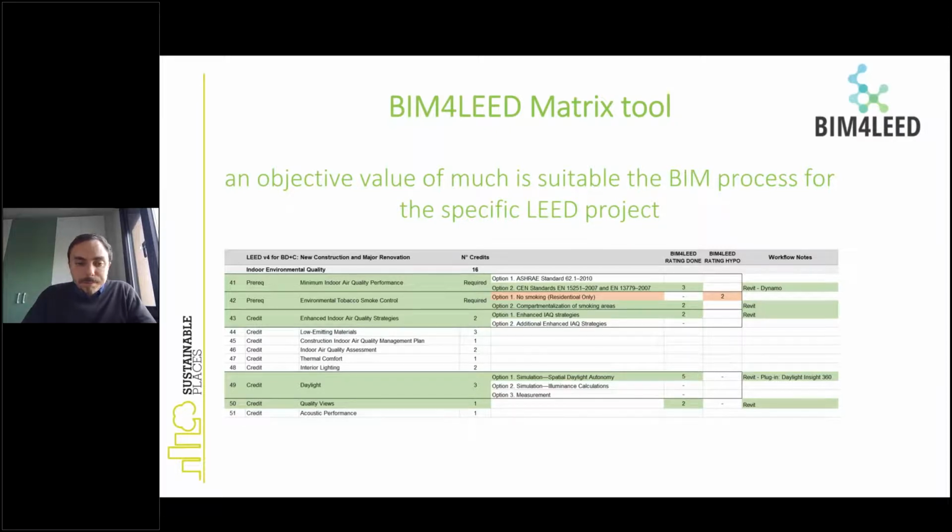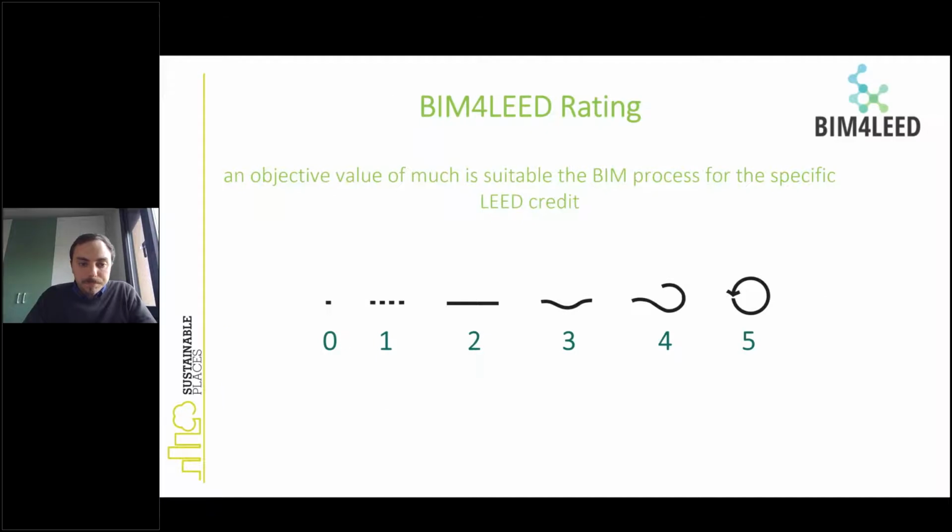In this way, we can communicate to the LEED AP how difficult it is to reach a specific credit in a BIM process, if it is easy or if it is difficult, so the LEED AP can understand and decide which LEED credit is better to reach in a BIM process.